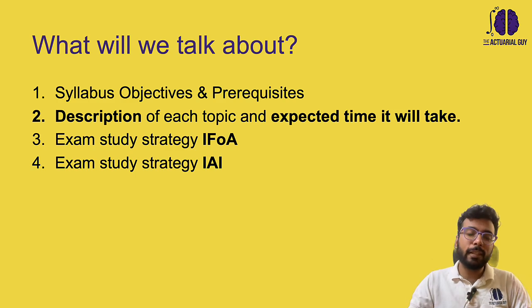CB2, CM2 in IA of late have been very comparable to IFoA or much easier. But with CM1, expect that it is a more difficult exam as compared to the IFoA exam, thus requiring much better first principle understanding of the content and much more practice, right?